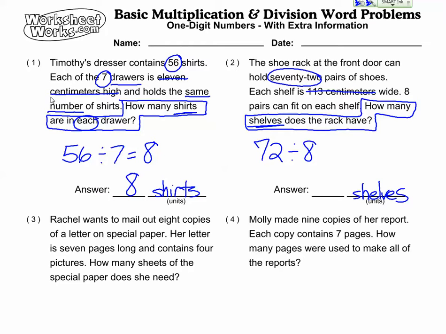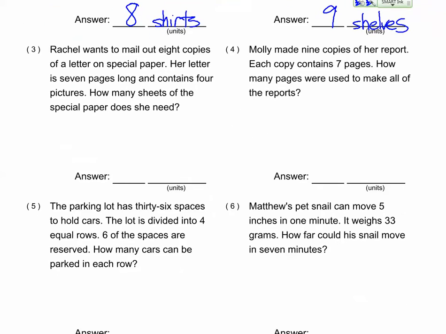So if I have 72 pairs of shoes and I put 8 pairs on each shelf, I'm going to end up finding that my answer would be 9 shelves. So if I had 9 shelves, 8 pairs of shoes on each shelf, it would show that I would have 72 shoes altogether.